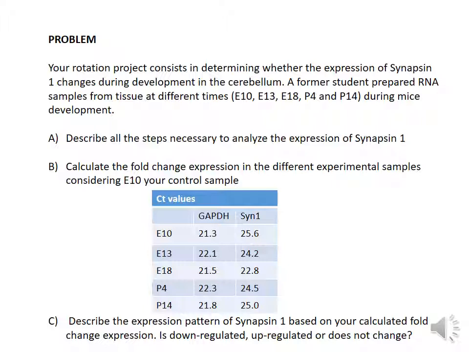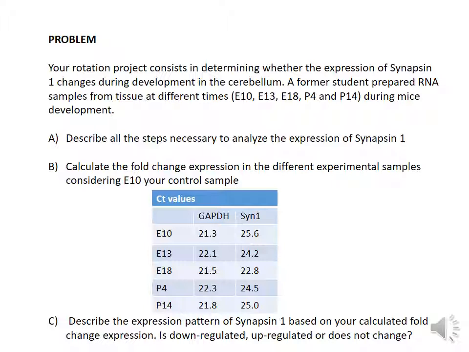Then the second part is to calculate the fold change expression in the different experimental samples. And I'm just telling you to consider E10 as your control sample, and GAPDH will be used as your reference or housekeeping gene.